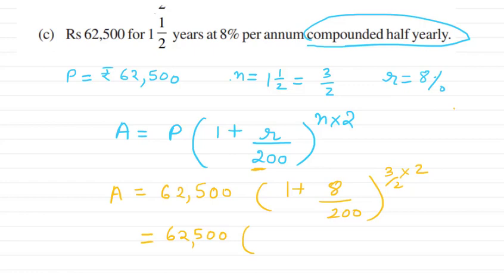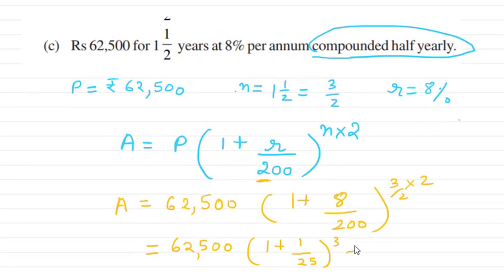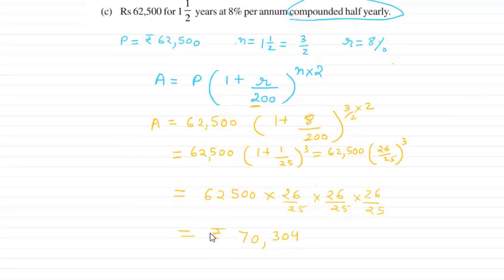So you'll get 1 plus 8 by 200, which can be simplified. So you'll get 62,500 into 26 by 25 whole cube. After solving, you will get 70,304 rupees. So this is your amount.